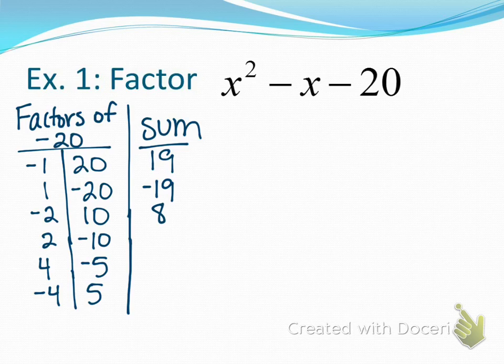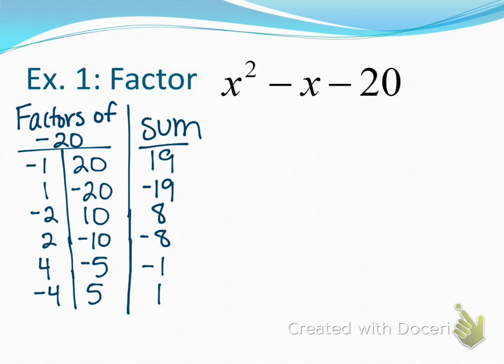And what do you think the next one's going to be? A negative 8. All right, 4 plus negative 5 is negative 1. And what do you think the other one will be? A positive 1. Notice that your answer is positive when the bigger factor was positive. Your answer is negative when the bigger factor was negative.